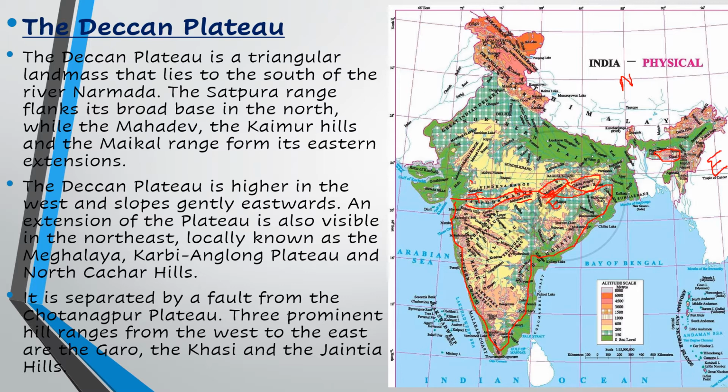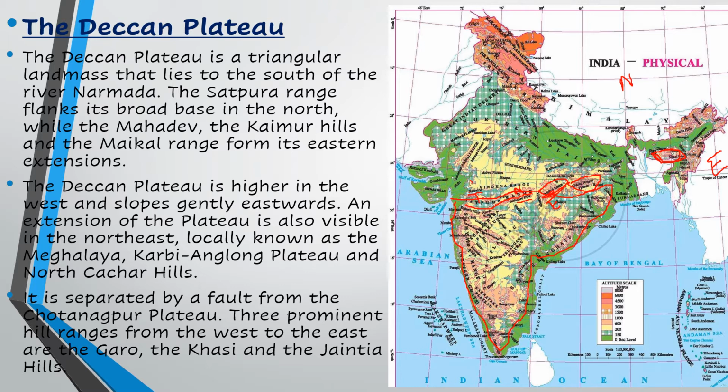Seen in the northeast, locally known as the Meghalaya or Karbi Anglong Plateau, this particular area which I have marked is known as the Karbi Anglong Plateau and North Cachar Hills. This Karbi Anglong Plateau in Meghalaya is separated by a fault. We have read about folding and faulting in the earlier slides, right children?